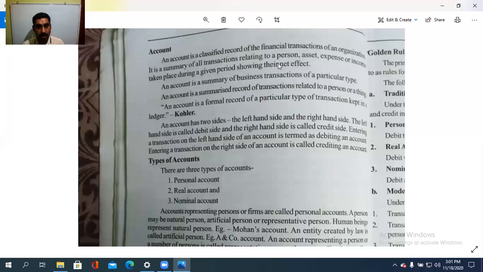So that is an account. Therefore, it is a summary of the business transactions of a particular type.